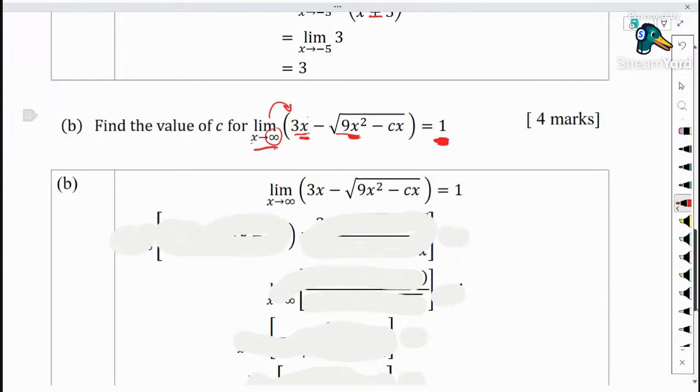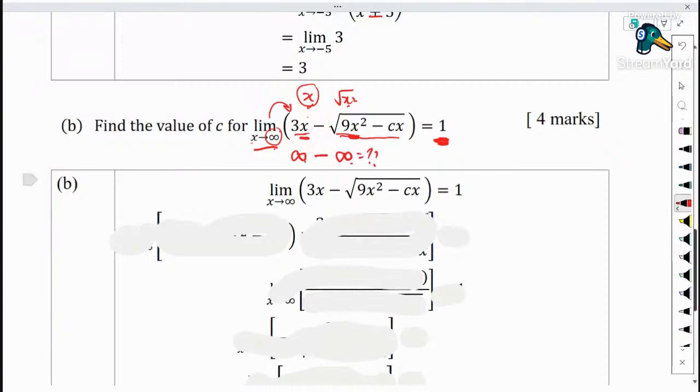If I substitute infinity for x, it gives positive infinity, and the square root term also gives positive infinity. So direct substitution will provide the indeterminate form of infinity minus infinity.